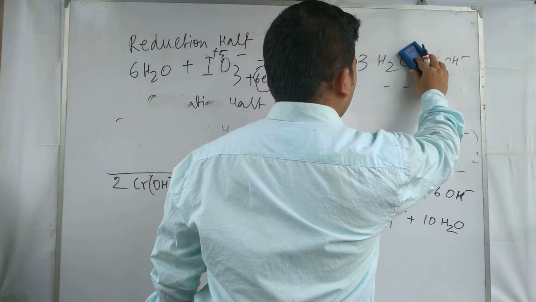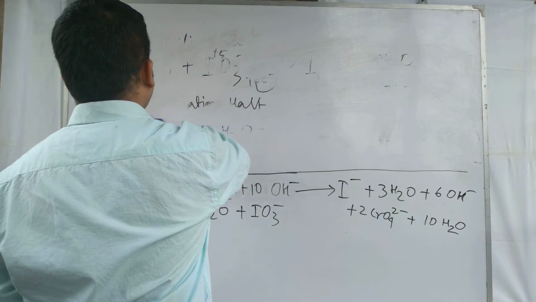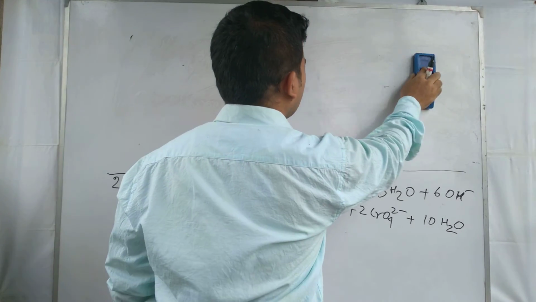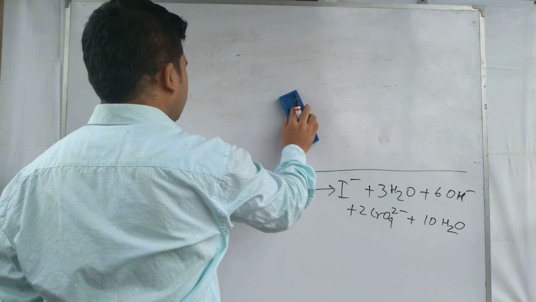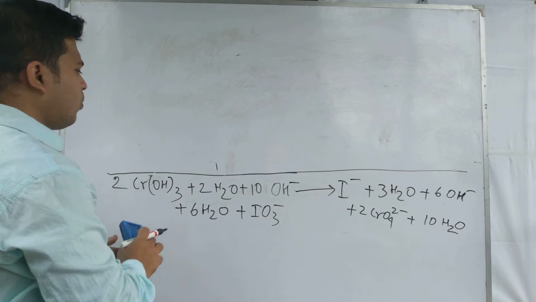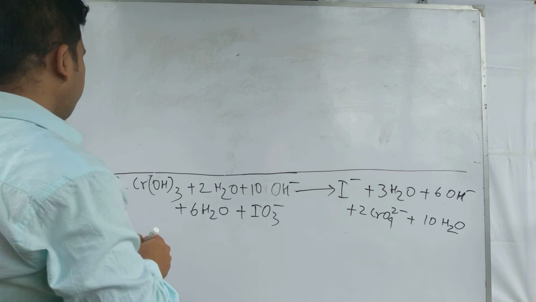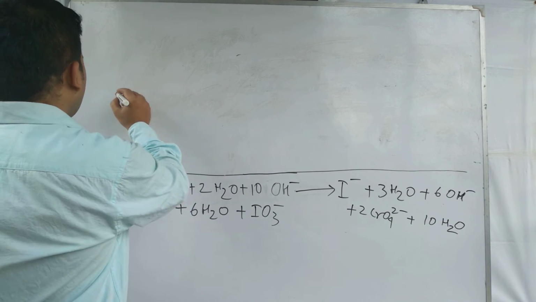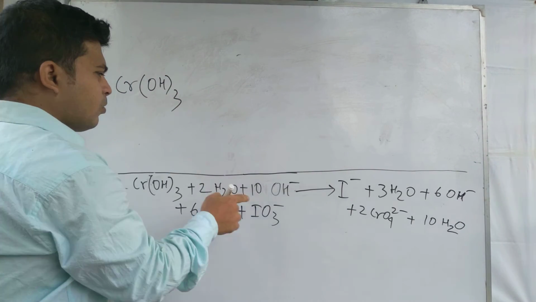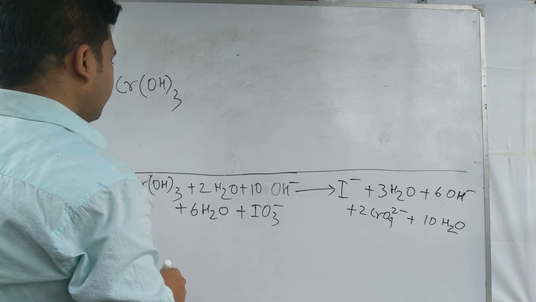But after getting this balanced equation, we can write it in a simpler form by eliminating the common terms that are present on both sides of the equation. Here, Cr(OH)3 to CrO4 2 minus is not common in both sides, so we write it here.